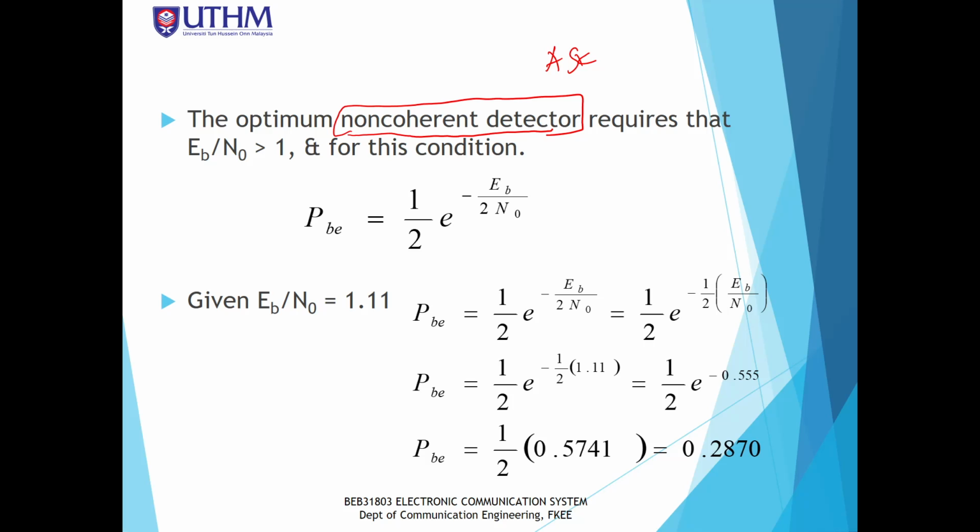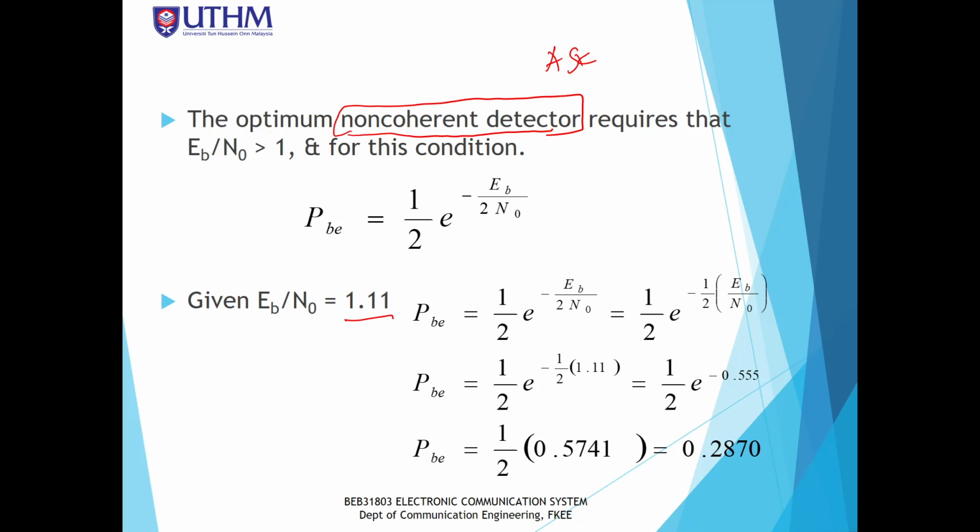So please take out your calculator. Students, I hope you can take a calculator and try. Given Eb over N0 is 1.11, you need to calculate the probability of bit error, PBE.